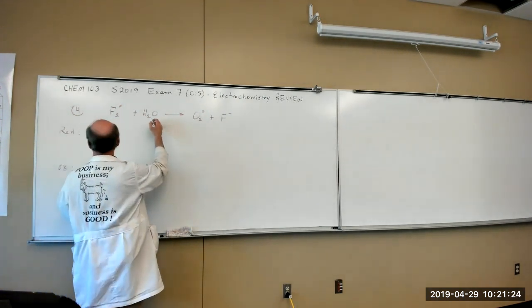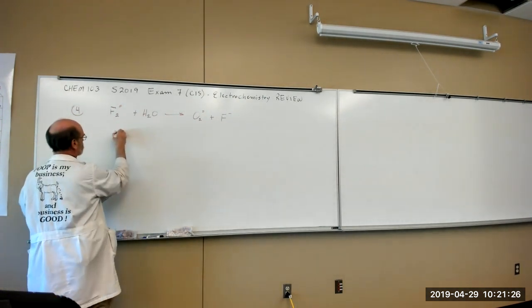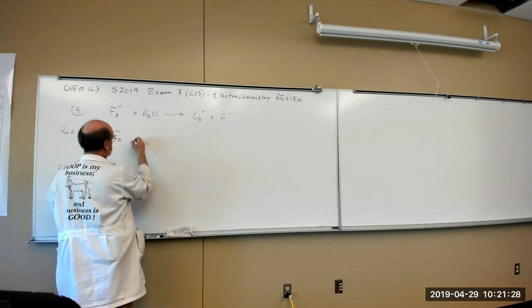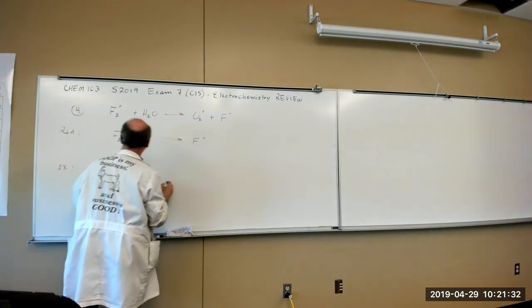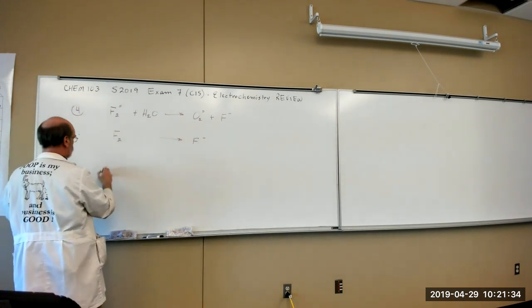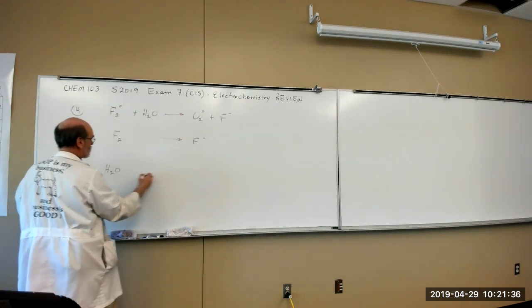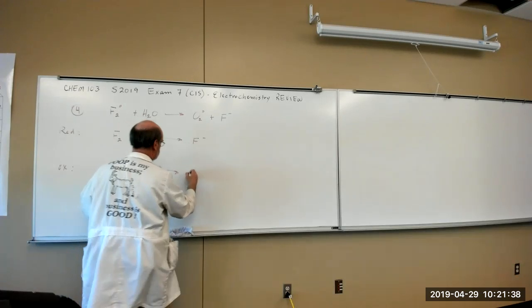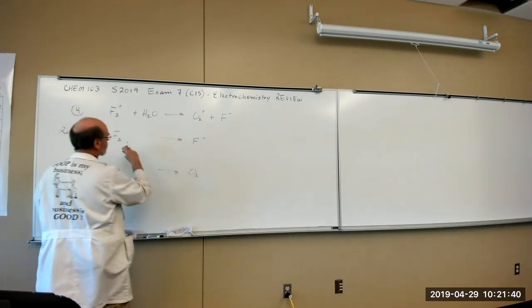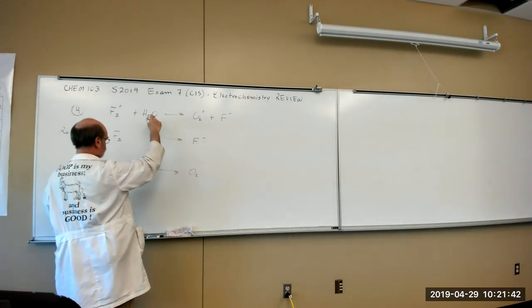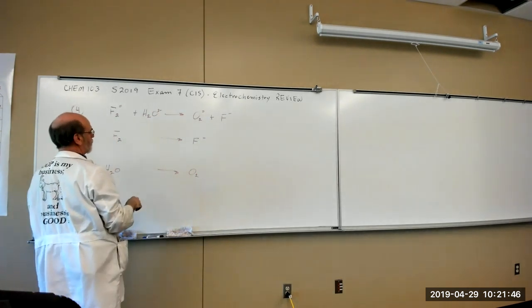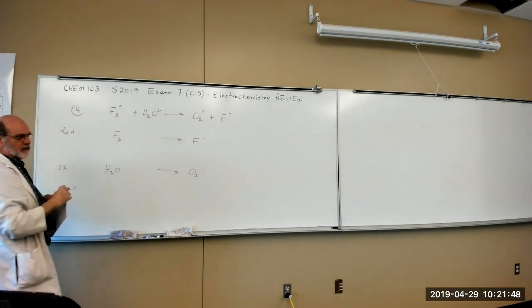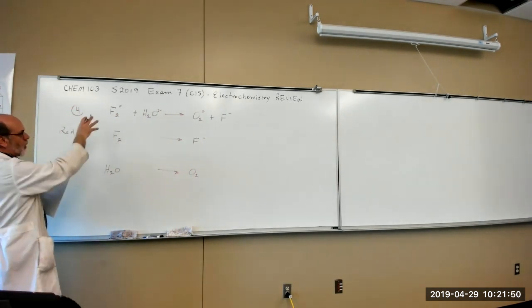So reduction would be this one, yields this one. Oxidation then would be H2O, yielding H plus and then O2. So the oxygen is the one that changes. I'm assuming it's okay that the equation's not stoichiometrically sound. No, we're supposed to balance it. Oh, okay. Right, this is just a starting point.